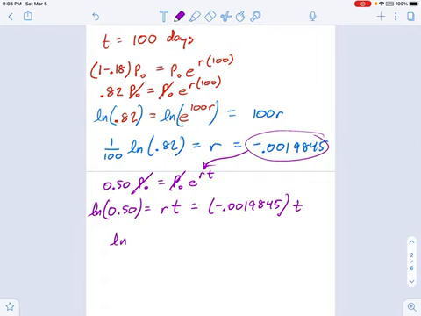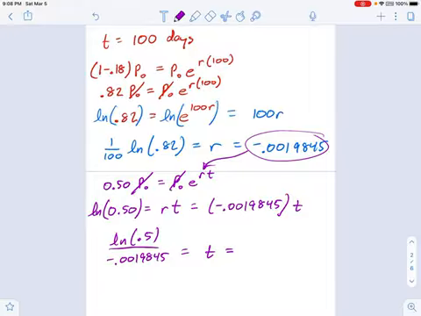So I get ln of 0.5 divided by negative 0.0019845. Carry all those decimals, and that's going to give you T, the half-life of your element. In other words, how long it takes to reach 50%.